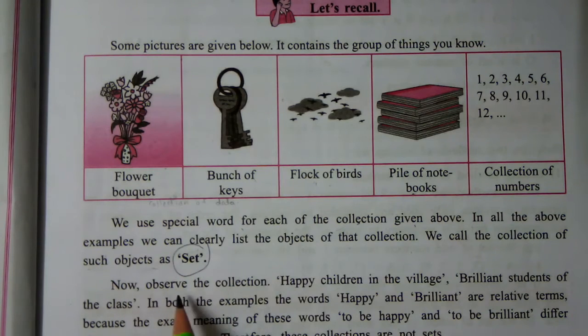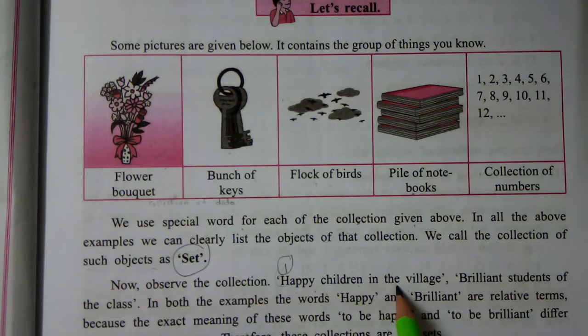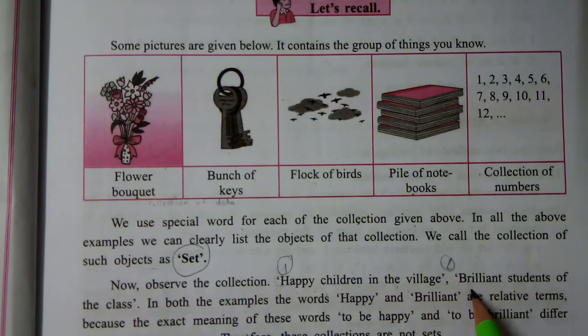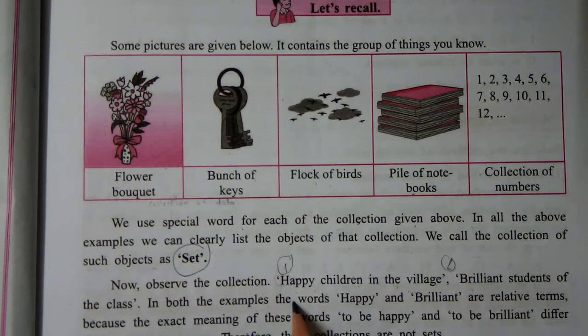Now observe the collections. Okay, happy children in the village. So this is given to us, and we have to observe these collections. The first collection is happy children in the village, and the second collection is brilliant students of the class. In both examples, the words happy and brilliant are relative terms.